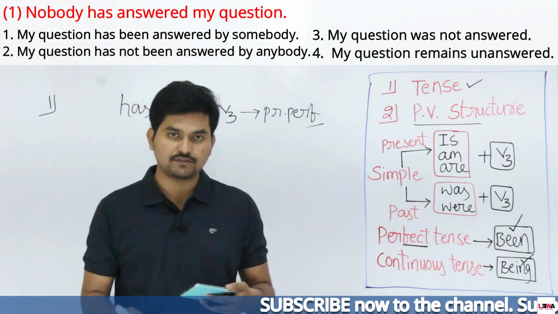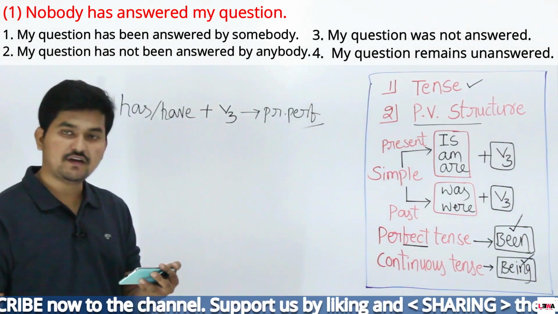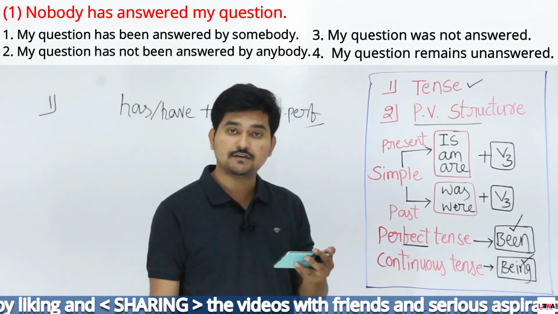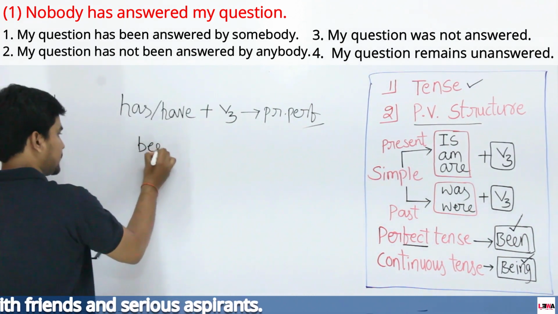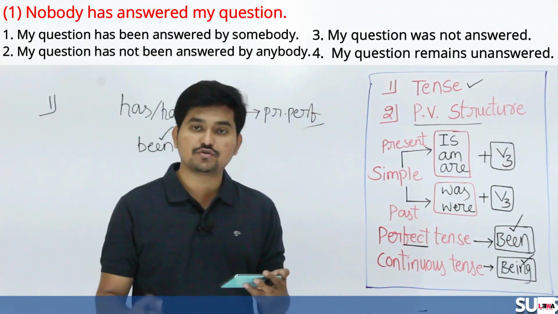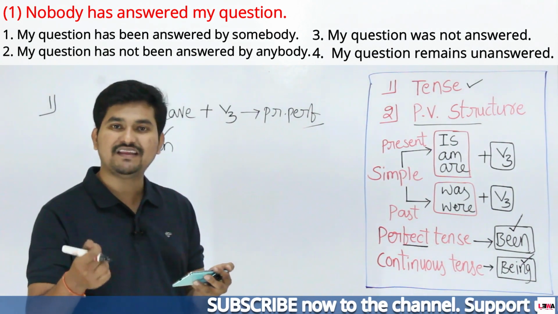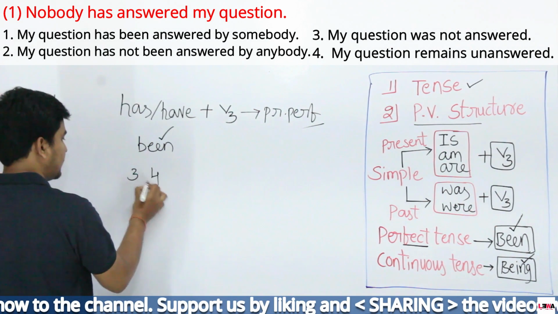Now among the options, how many options have been in them? Check. Option A says my question has been answered by somebody. Now option number 1 has been, it's okay, considerable, I need that. What about option number 2? Option number 2 also has been, which is considerable. Option number C, option number D, or 3 or 4. Option number 3, option number 4 can be kicked out directly.